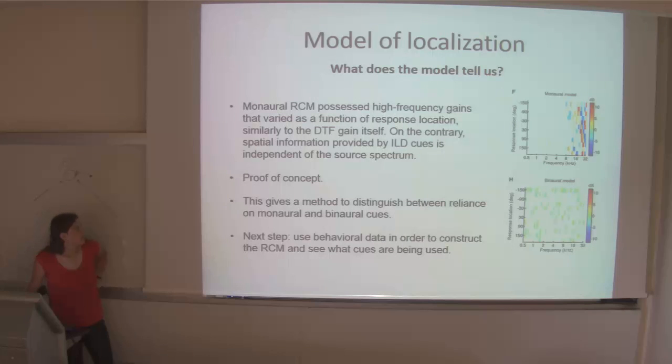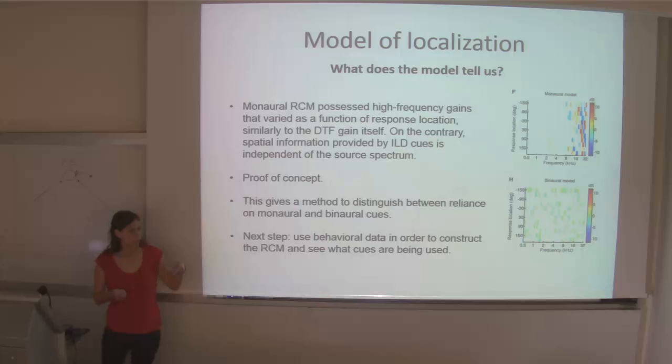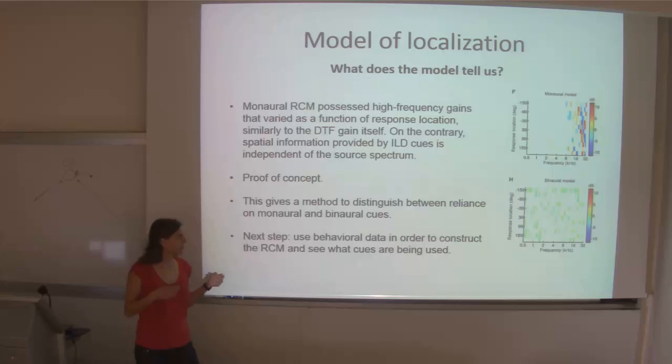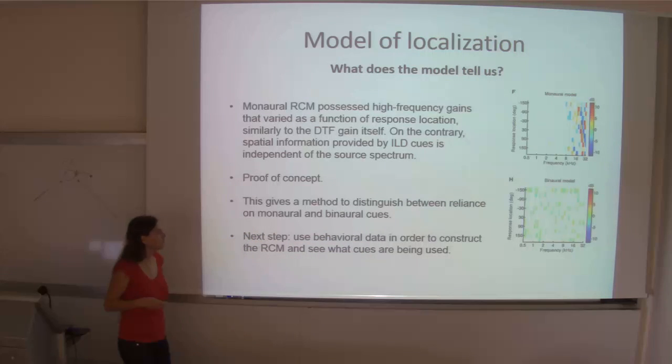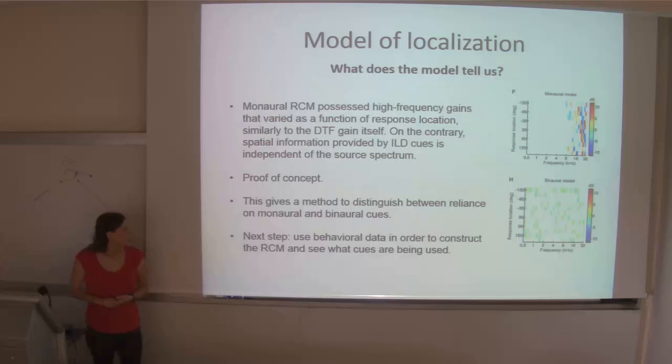So this model gives us kind of a proof of concept that we can use reverse correlations in order to find out which cues the listener used in order to localize sound. You can see in the monaural model that we have many gains in the higher frequencies, and in the binaural model we have lower gains spread across all the frequencies and all the locations.